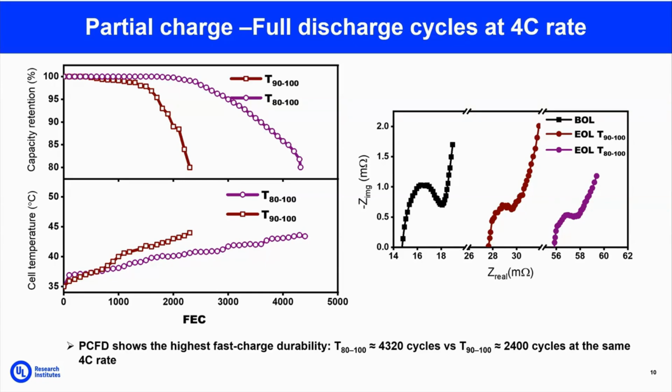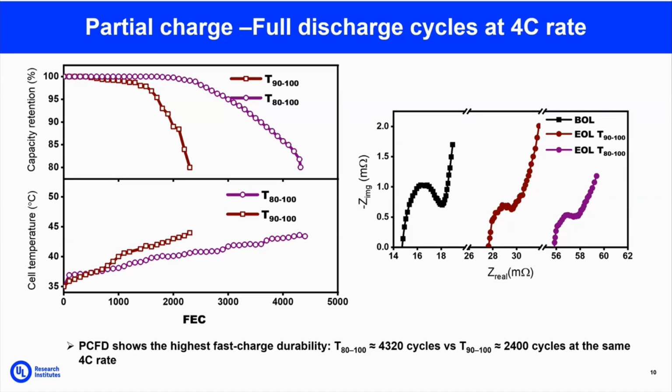This SOC condition resulted in almost four times higher cycle number than the first condition, 100 SOC and 100 DOD. In the first condition we got only 940 cycles, whereas in 80 SOC, 100 DOD, the cycle life reached almost 4,300 cycles.